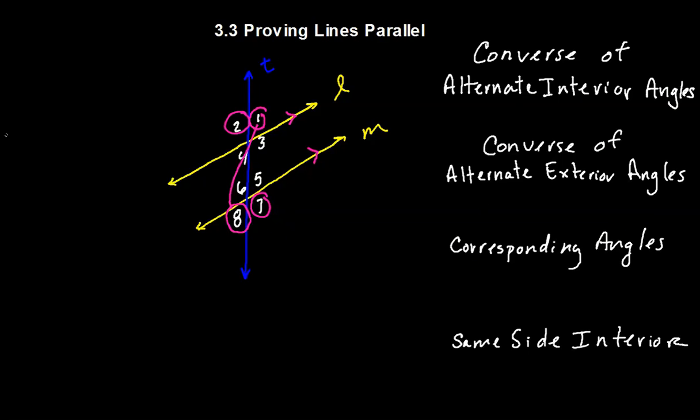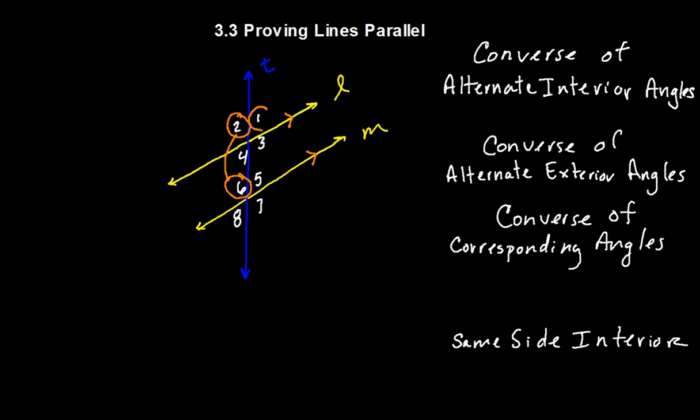Corresponding angles. Again, it's called the converse of corresponding angles. This is saying that the corresponding angles, those happen to be numbers 2 and 6, if those angles are equal, you're going to prove lines L and M are parallel.